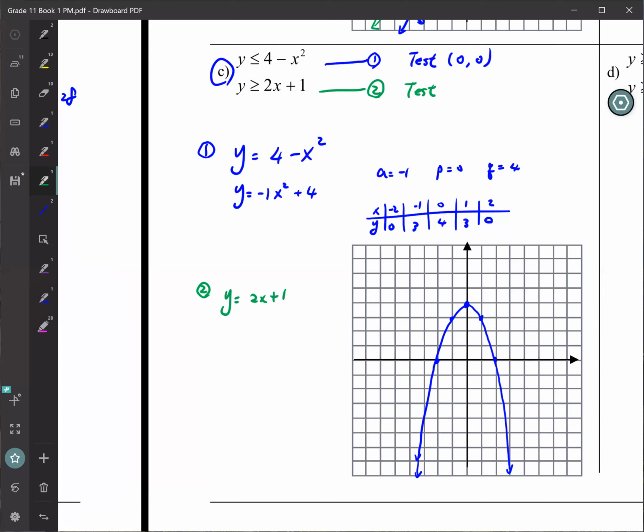Green is a straight line, pretty easy. Y-intercept, slope. Y-intercept is 1, up to the right 1, right? Up to the right 1.